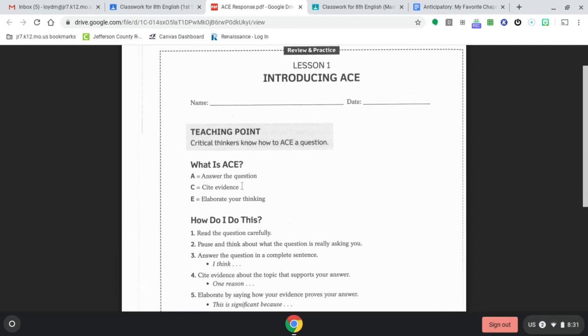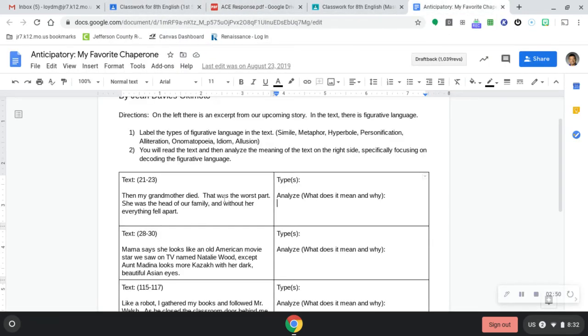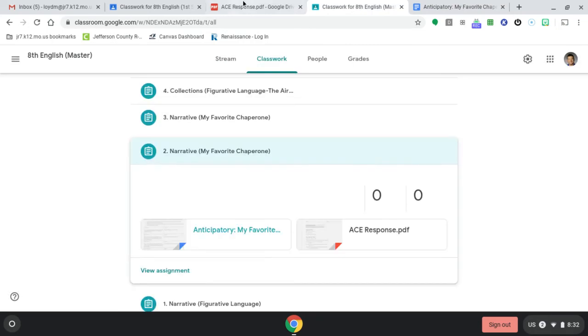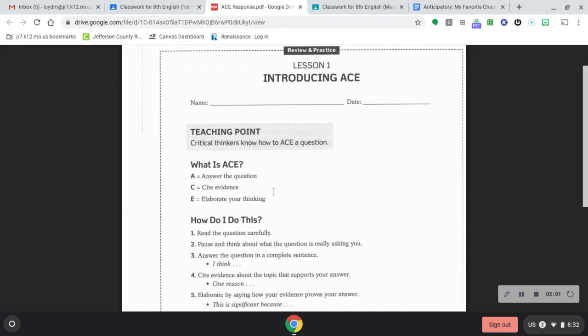Citing the evidence, in this case, the C part of ACE, is actually going to be using the terms that make up your figurative language. So if you find the figurative language in your text, in this case, head of our family, or everything fell apart, you will meet this criteria for citing the evidence.